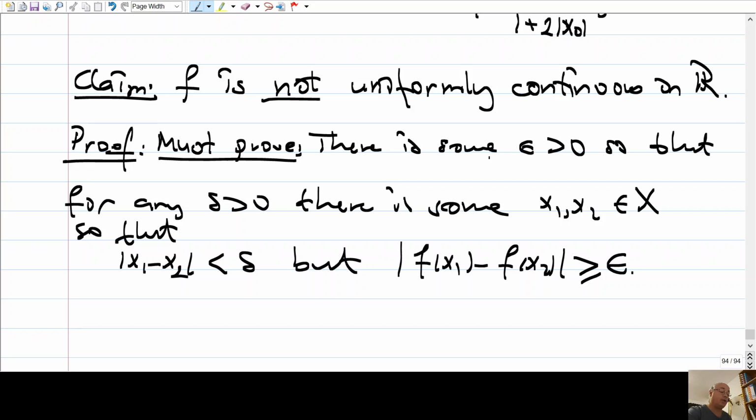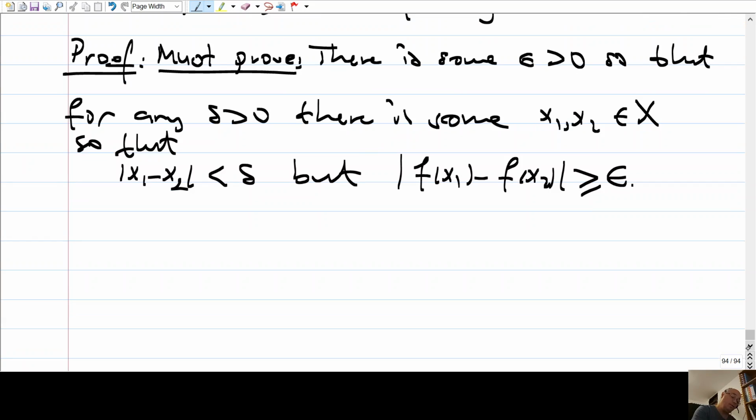For any epsilon, I need to find a delta which satisfies this for all x1 and x2. So if it is not uniformly continuous, then there should be some epsilon so that this doesn't happen. Okay, and that's what I will do now.